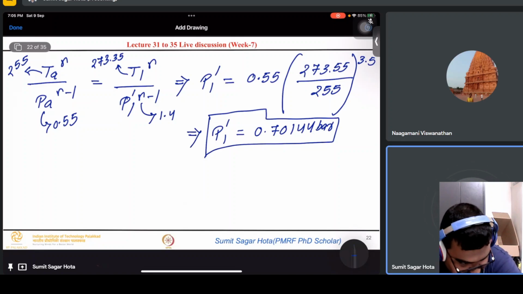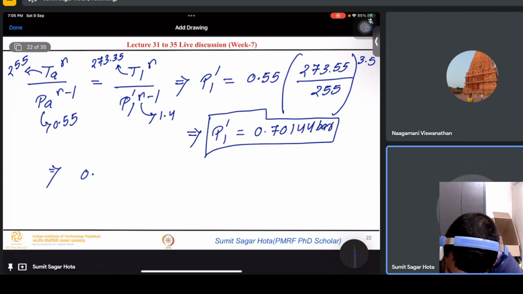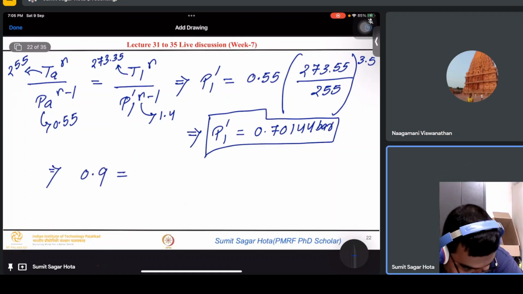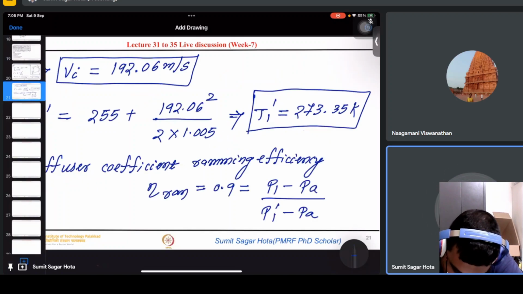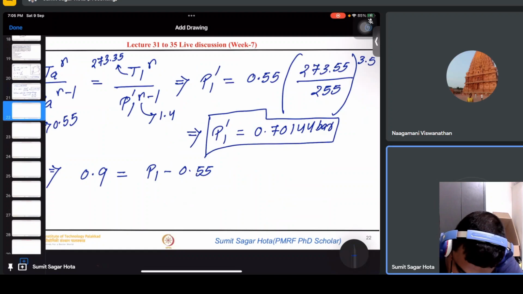That means we can now put in the ramming efficiency and find out P1. Directly write down the ramming efficiency: eta ram is equal to 0.9, P1 minus PA divided by P1 dash minus PA. Only PA we know, P1 dash I know. We just have to find out P1.